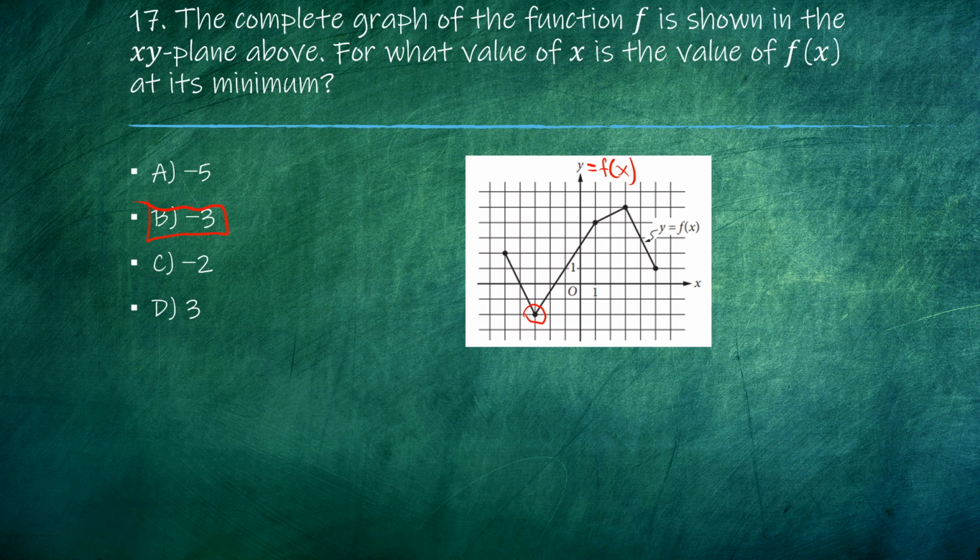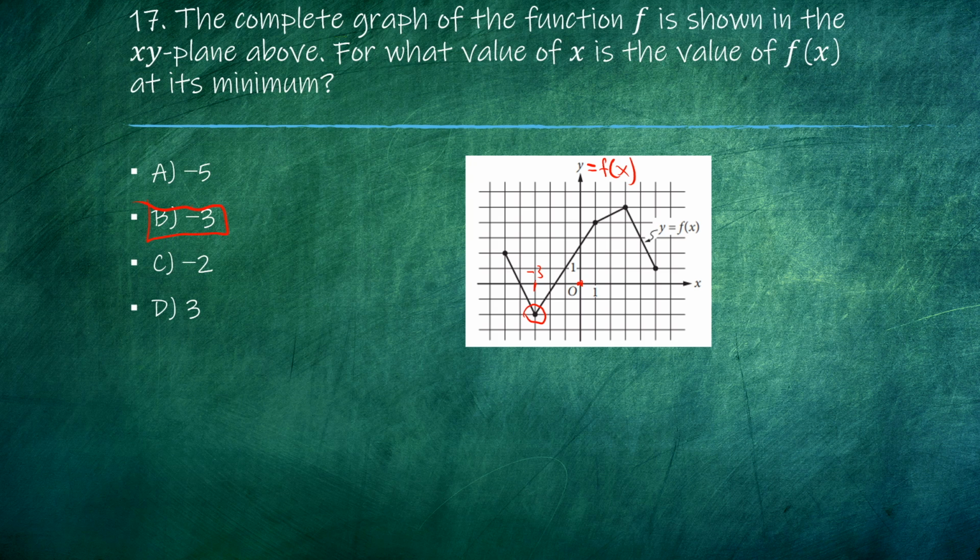And at what value of x is y equal to this value? So let's look. This is the origin. So negative 1, 2, 3. So when x is negative 3, y is at this low minimum. And this is done. That's your answer.